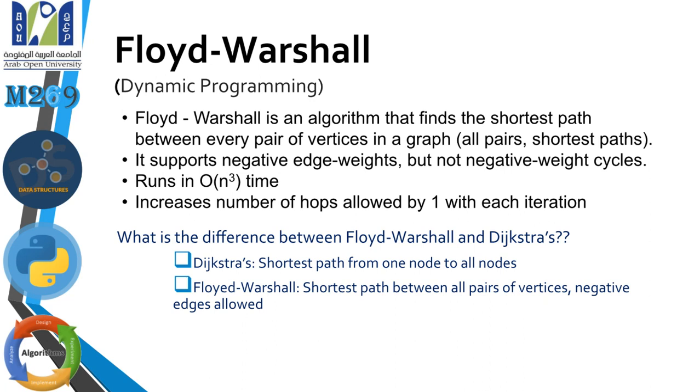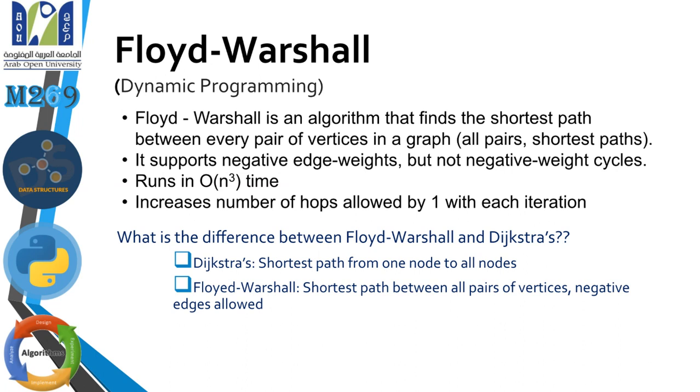So starting with Floyd-Warshall, that is part of dynamic programming. It is an algorithm designed to find the shortest path between every single pair of vertices in a graph. It is the shortest path between all pairs, not only two.